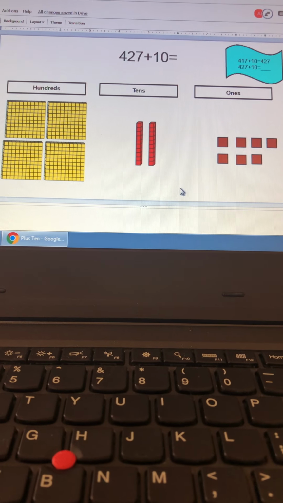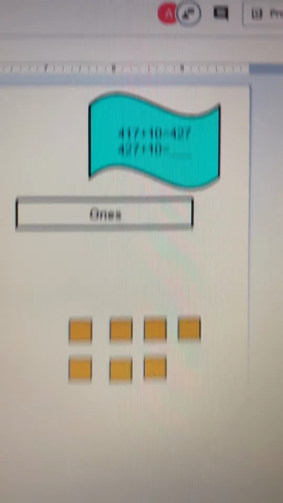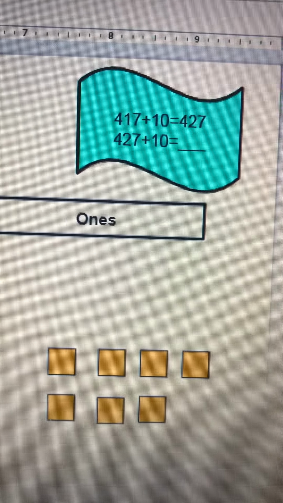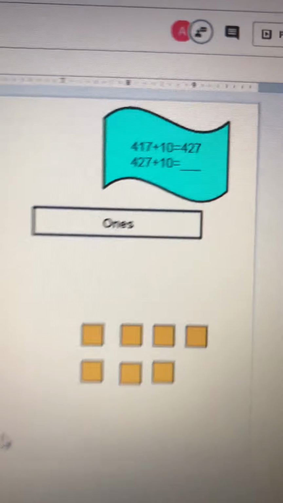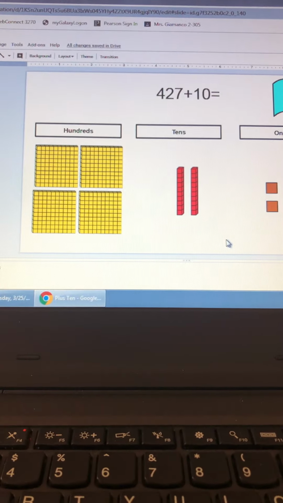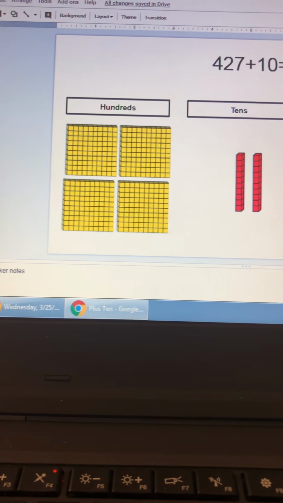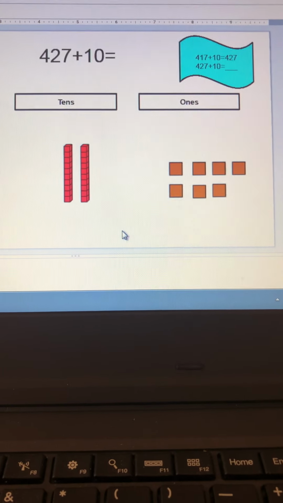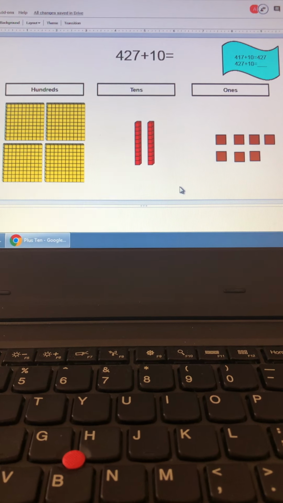All right, we have 427 plus 10. So to refresh our memories, before we did 417 plus 10 equals 427. Now we need to add 10 to 427. So again, here's my table with my 400s, my 2 10s, and my 7 ones. Give you 30 seconds.